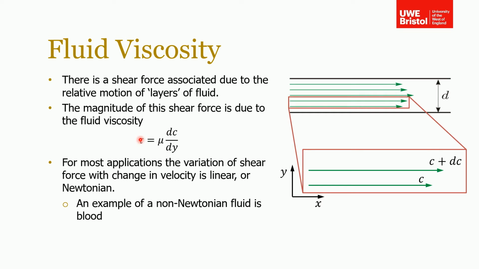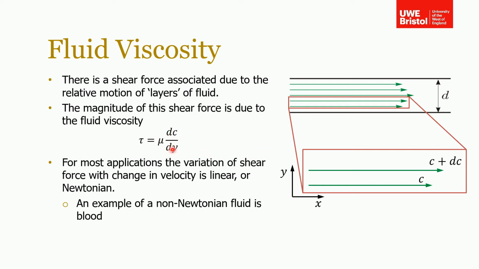So the shear stress between these two layers is a function of the change in velocity with the change in radial position, all times this constant here, which is the viscosity. And so this is how the viscosity is defined in terms of the shear force and relative motion of these layers.